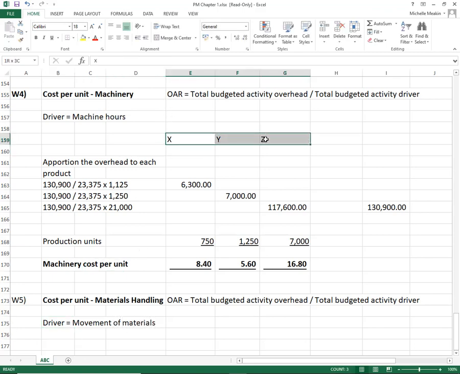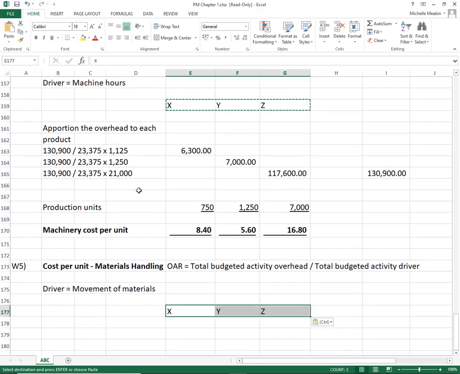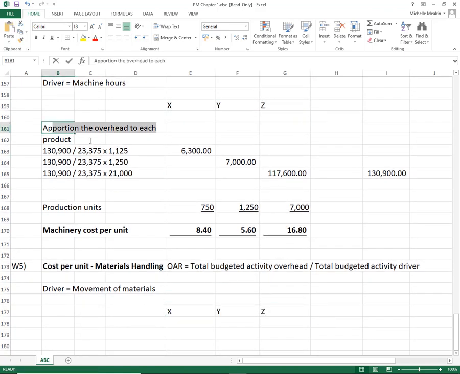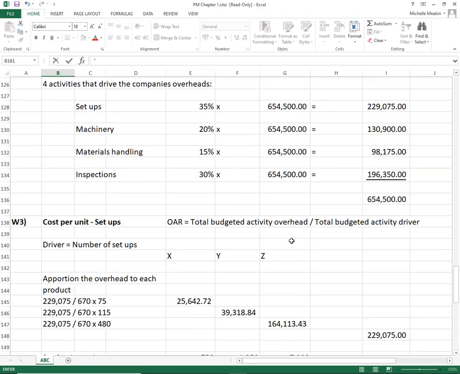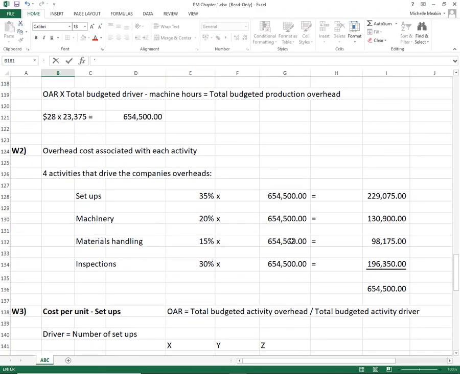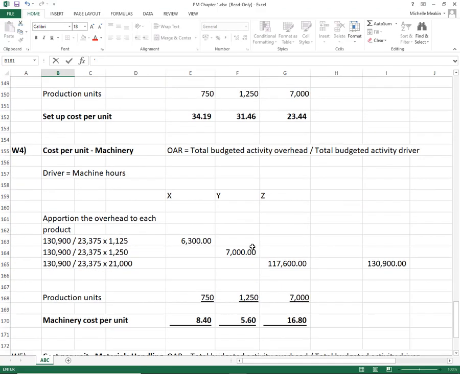So again, based on each of the products, you are going to apportion the overhead to each product. You worked out that the overhead for materials handling was 98,175.